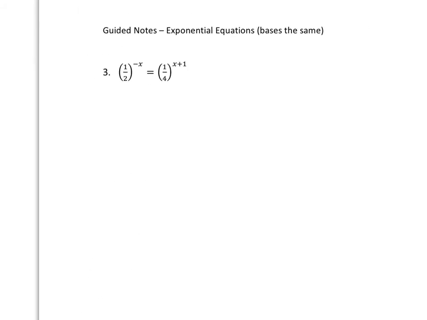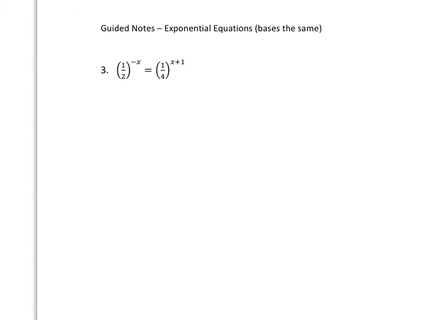Next page. Number 3. Okay, I see that 1/2 and 1/4, I think I'll just rewrite both of them in terms of 1/2. This is 1/2 to the negative x, and 1/4 is 1/2 squared, but that's raised to the x plus 1.